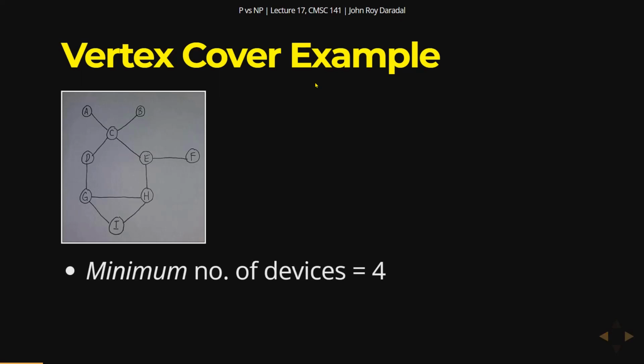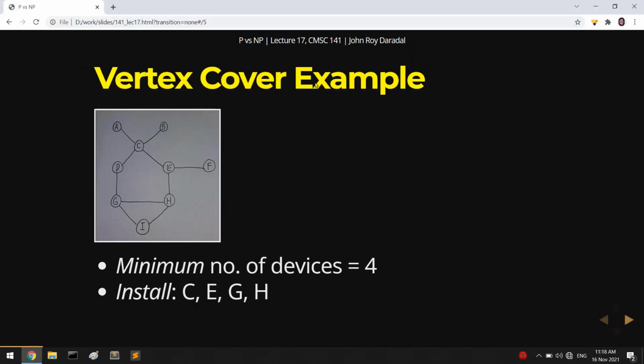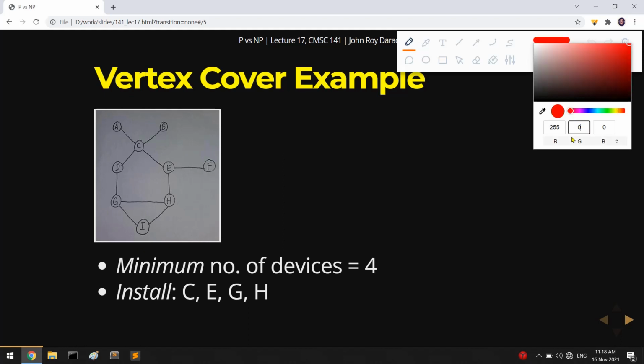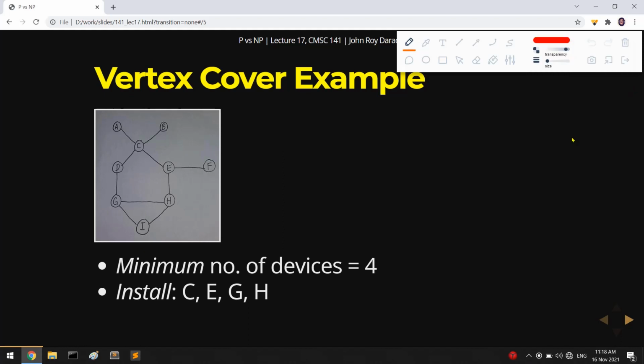And if you recall, the minimum number of devices that we could use to cover the whole network is 4, and that is if we install them in C, E, G, and H, right? So if it's C, E, G, and H, then we will have devices here, here, here, and here.